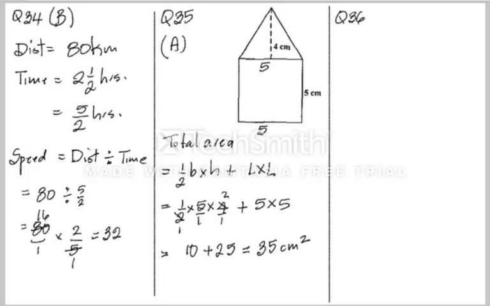Question 36. It says the area of a rectangle is 53.6 centimeters square.